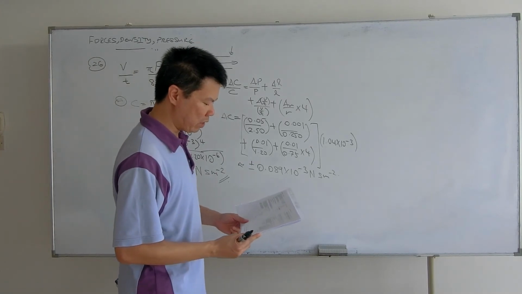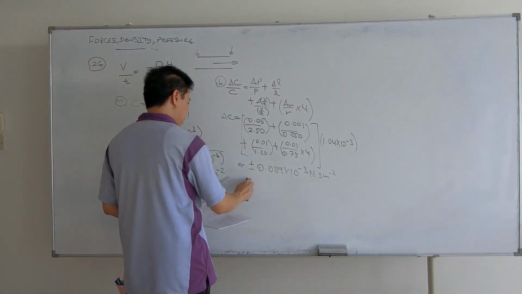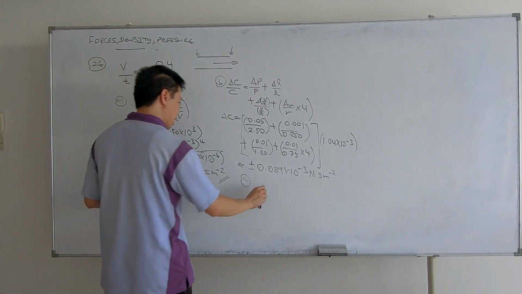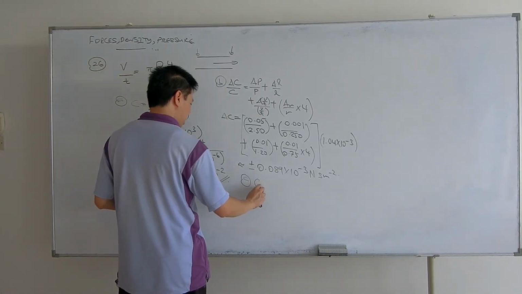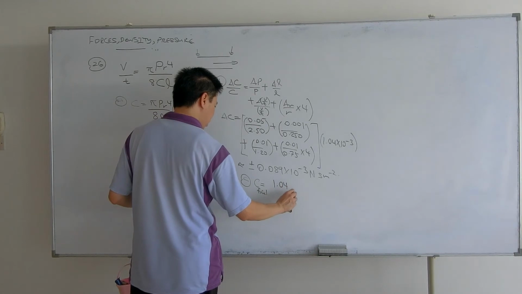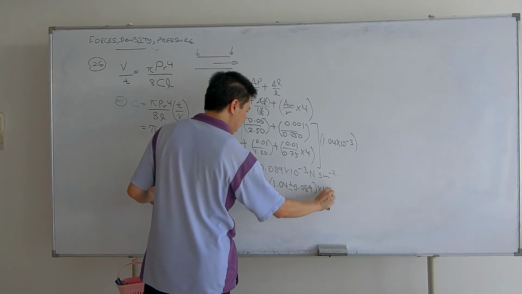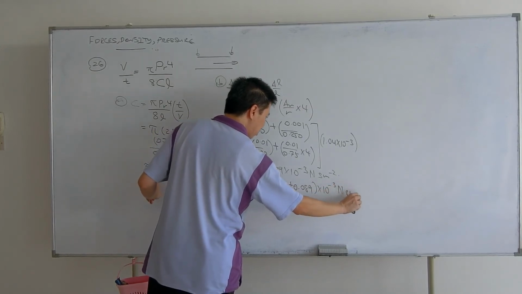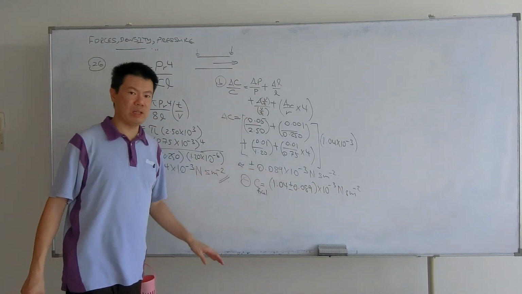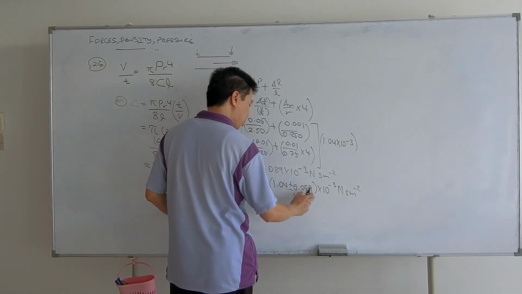Now, state the value of C and its uncertainty to the appropriate number of significant figures. How do we write this? C final will be equal to 1.04 plus minus 0.089 times 10 to the minus 3 Newton second meter minus 2. But in AS, remember, when it comes to absolute uncertainty, what is absolute uncertainty?